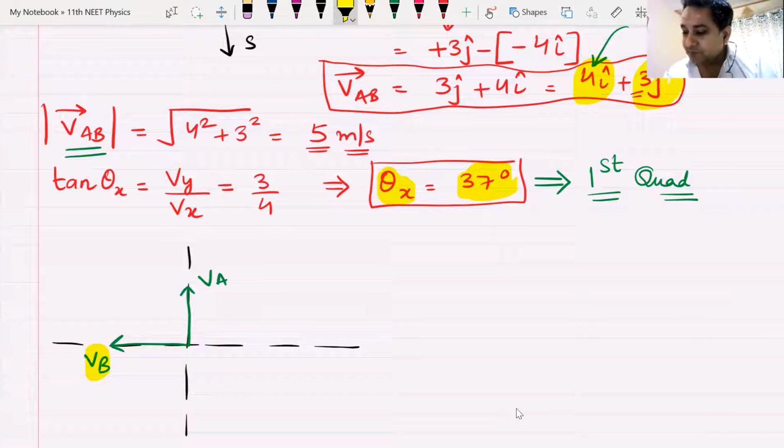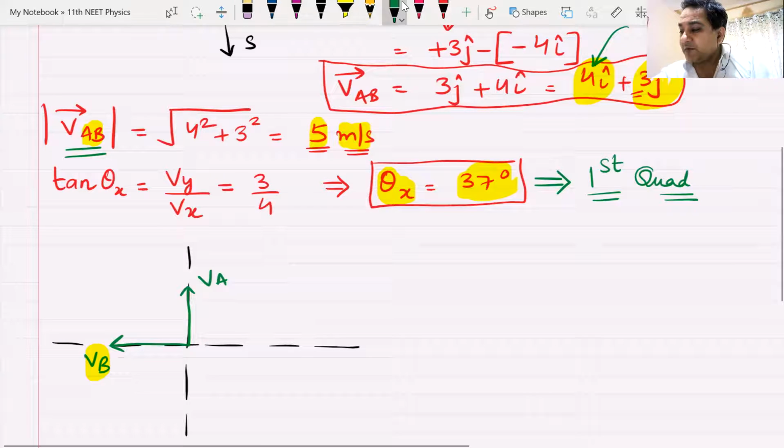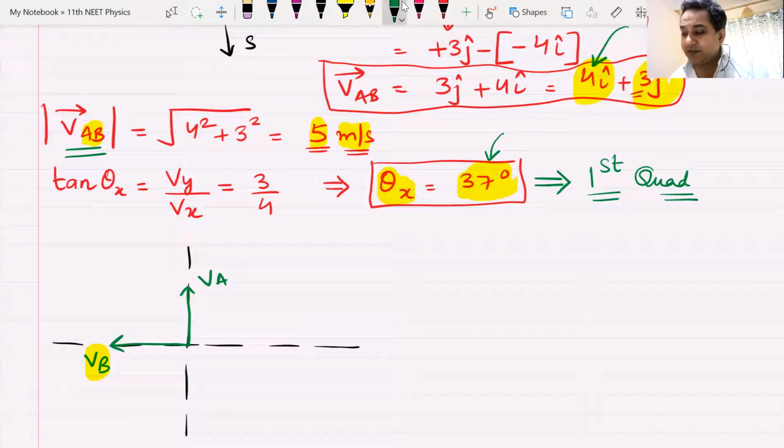What do I see? I see that the magnitude of the velocity is 5 meters per second, and it makes an angle of 37 degrees with the x-axis in the first quadrant.